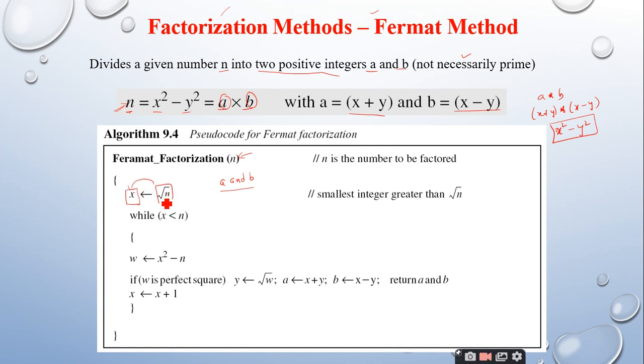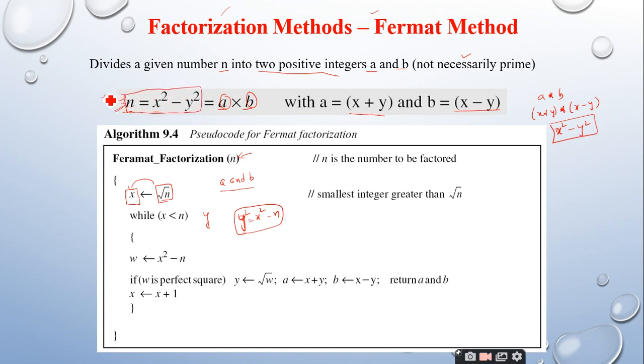Once you have identified such a number, you make a lot of trials and try to find another integer y, such that the relation y square is equal to x square minus n holds. How did we get this formula? I express n as x square minus y square.